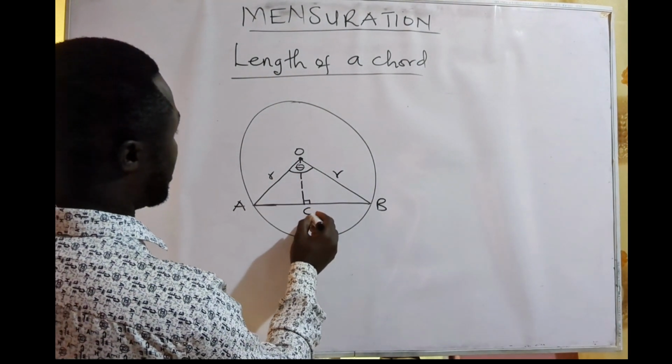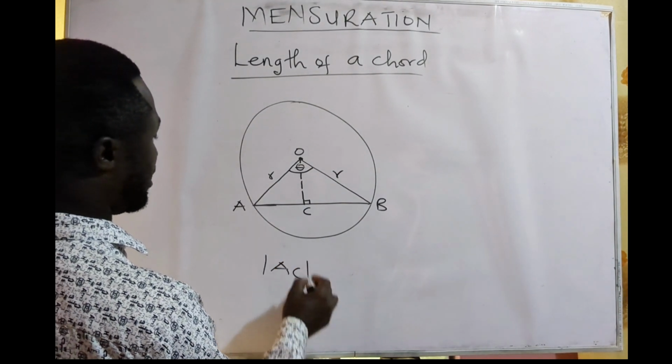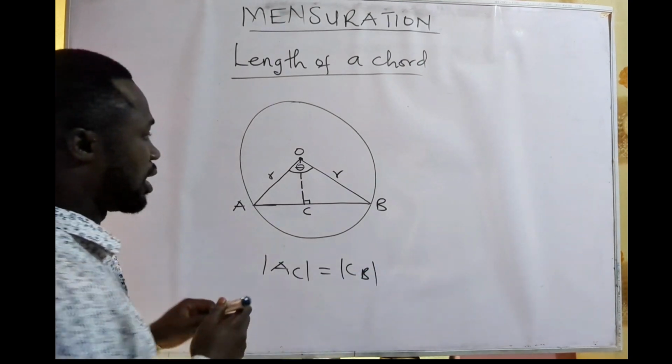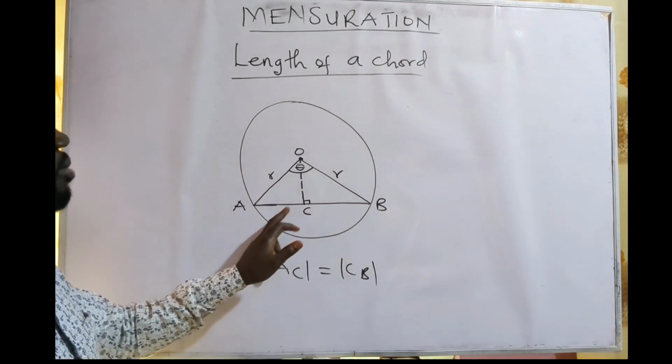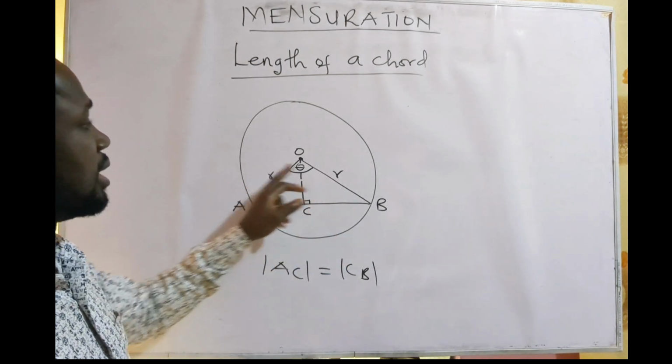If here is C, then my length AC is the same as my length CB.